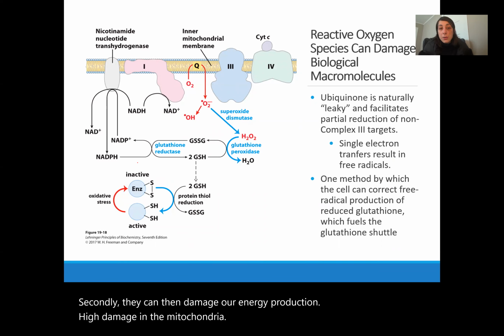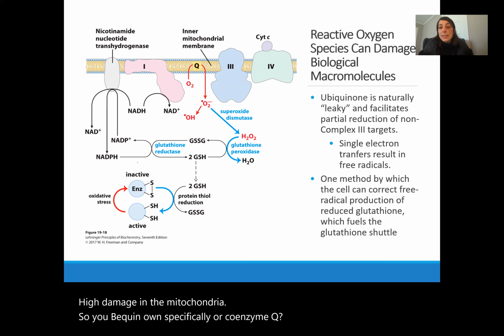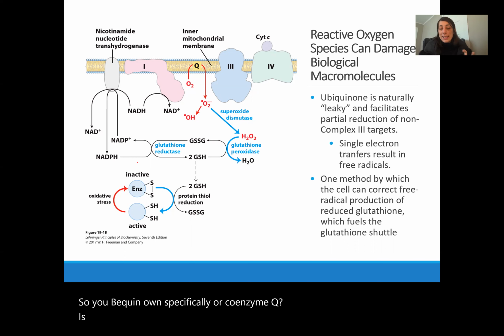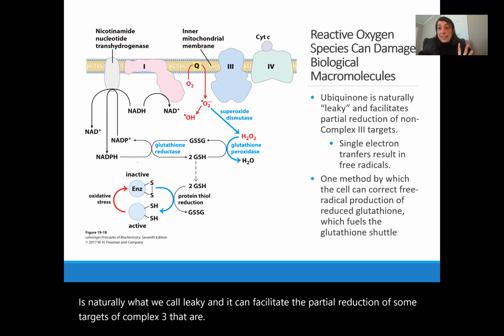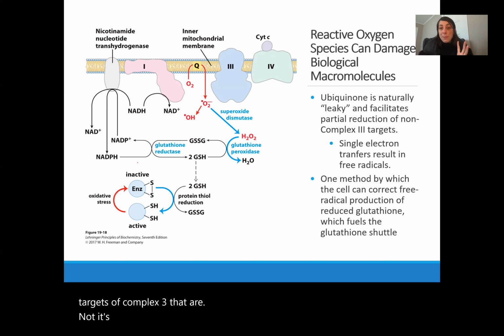So, ubiquinone specifically, or coenzyme Q, is naturally what we call leaky, and it can facilitate the partial reduction of some targets of complex 3 that are not its normal targets, and ultimately results unintentionally in making free radicals.